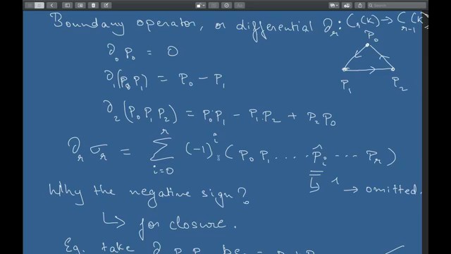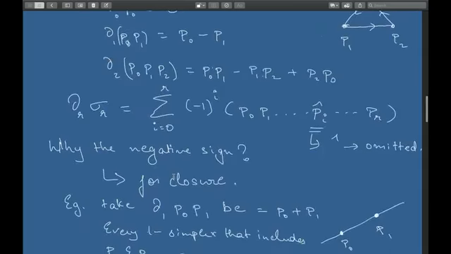Each takes a negative, so you have an alternating sum here, and because it reduces by one dimension, the sum goes over each point, and every next step you omit the next element. So for example, p i is omitted here, for the iteration that you're running, right?